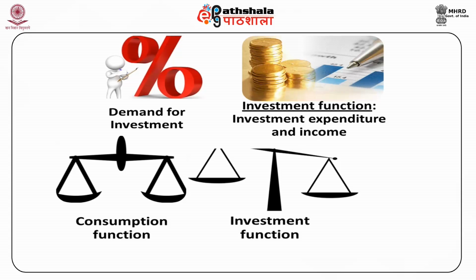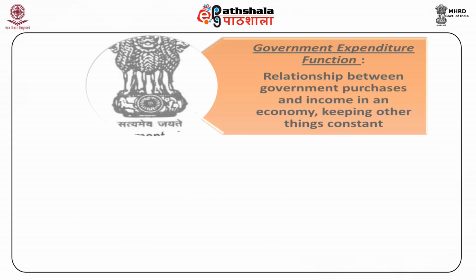As investment decision depends upon rates of interest, the simplest investment expenditure is assumed as autonomous, that is, one that is independent of income. The government expenditure function specifies the relationship between government purchases and income in an economy, keeping all other things constant.